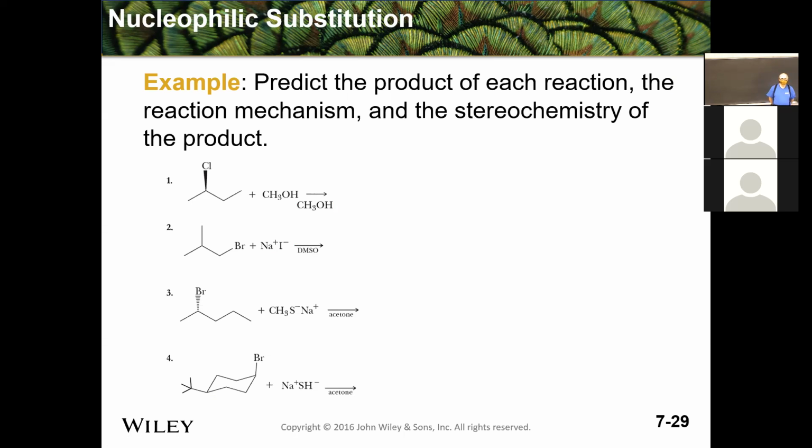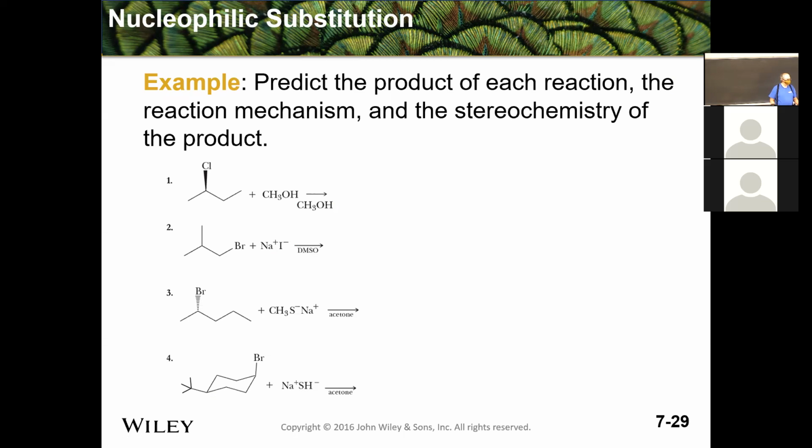Okay, we want to look at the substrate, whether it's methyl, primary, secondary, or tertiary. We want to look at the solvent. We want to look at the nucleophile. Okay, so for number one, what class of substrate is that?